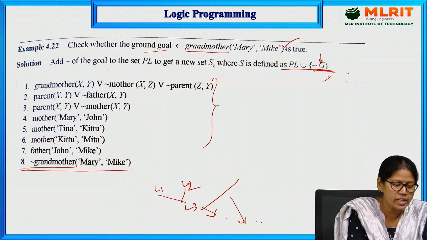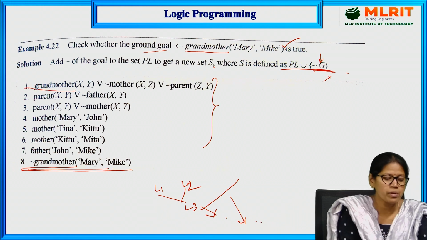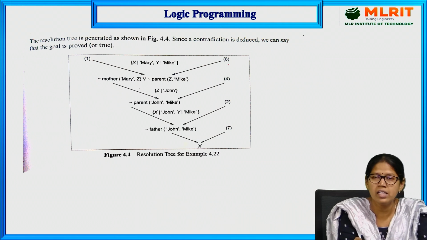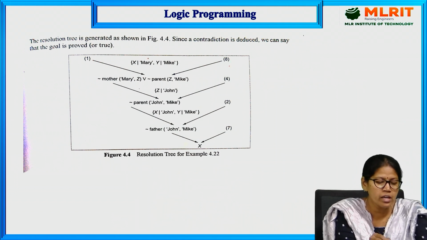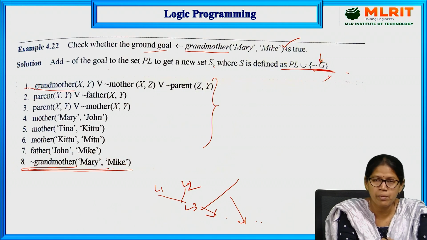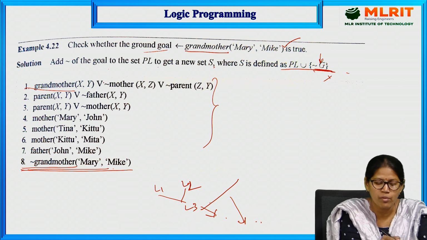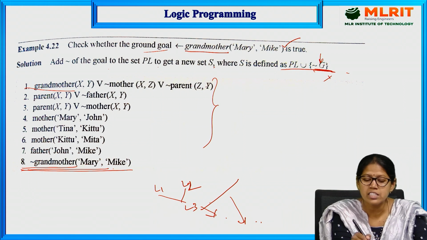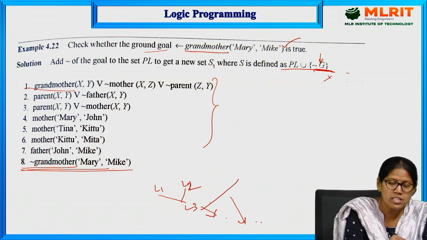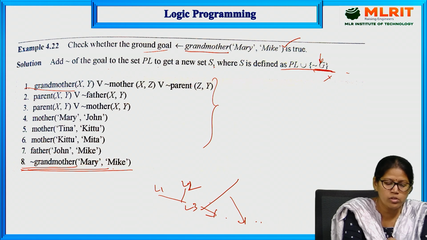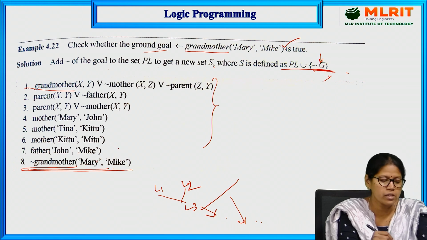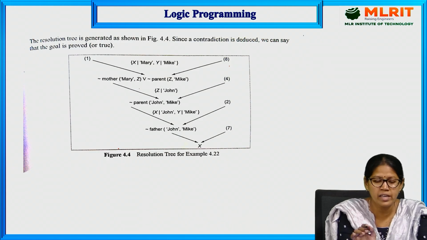Okay, so negation grandmother and grandmother. We'll take the 1st and 8th rules: grandmother Mary, Mike from the 8th rule, and from the first, grandmother of X, Y or negation mother of X, Z or negation parent of Z, Y. Now Mary is bound with X equal to Mary, Y equal to Mike, and Z is undefined.